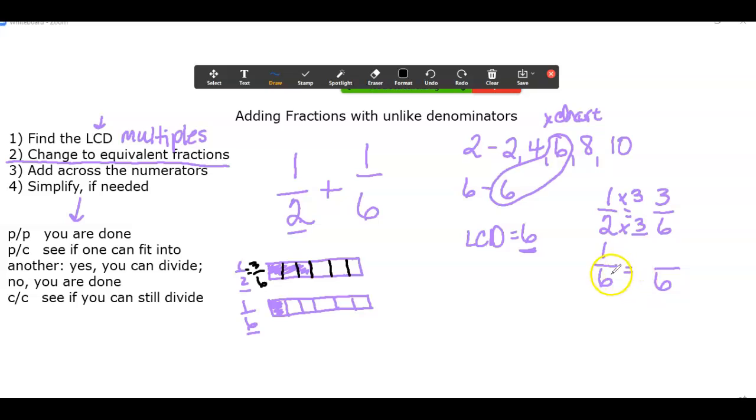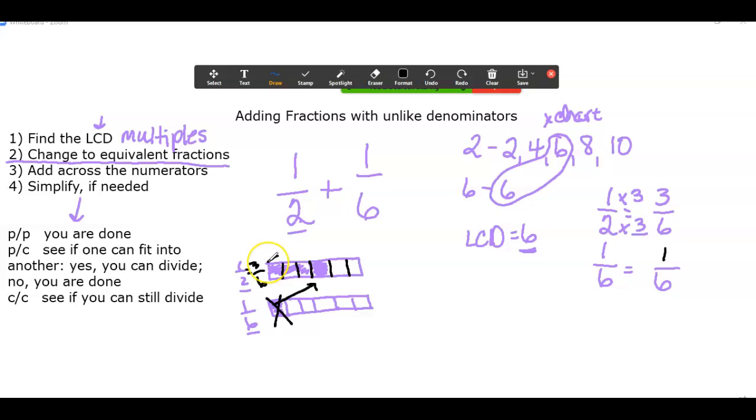All right, so then over here, well, if 1/6 is already in 6, then 1/6 is equal to 1/6. Okay, so that one doesn't have to change. So now if I'm looking at the picture, I can take this piece and put it up here, or I can take these 3 and put it down here. It really doesn't matter which one you do. So I'm going to take this one and I'm going to move it. And now it's right here. Okay, so it's no longer here because I moved it. So now what is this fraction?